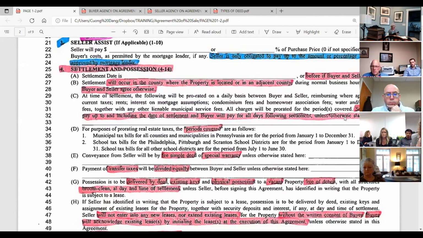What we're talking about then was overages, when you write in the contract that you asked for 8,500, but the bank only allows for 7,000. And we're coming up with creative ways to use up that $1,500 that the seller had agreed to give, just in other forms, maybe like a home warranty or something like that. But if you can't come up with anything and the bank won't allow for you to do anything, then the buyer has lost out on $1,500.